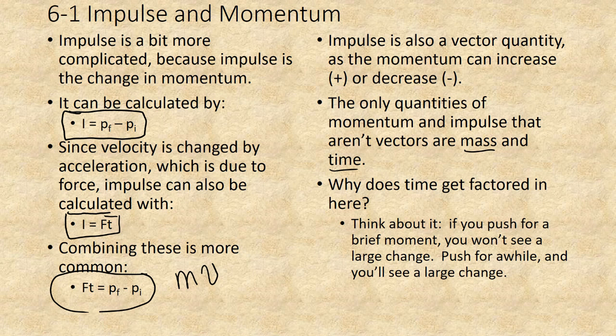Anything else can come out negative when we deal with a vector. And so the reason time gets factored in is for this reason right here. If you push on something for only a brief moment, you have a very small impact on its change in momentum. If you push for a long time, we see a much larger change.